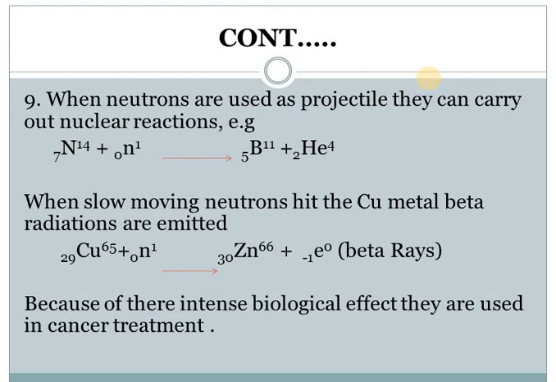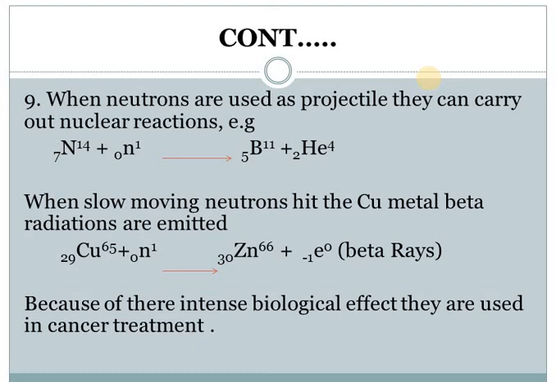So when neutrons are used as projectiles, that is they are moving quite fast, they can carry out nuclear reactions. What type of nuclear reactions? Suppose we have nitrogen with atomic number 7 and atomic mass 14, and it is hit by fast moving neutrons. What would be the change they will bring?